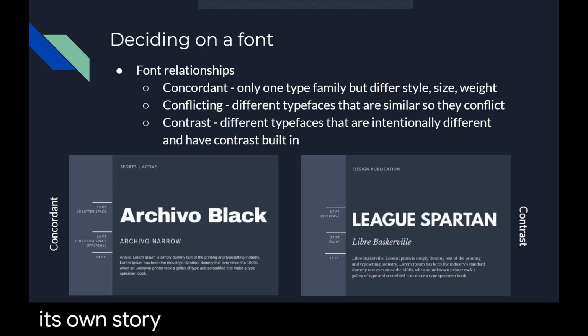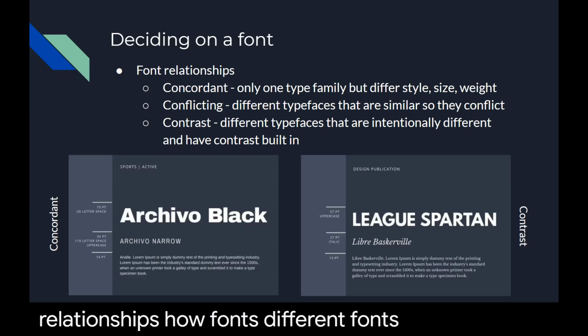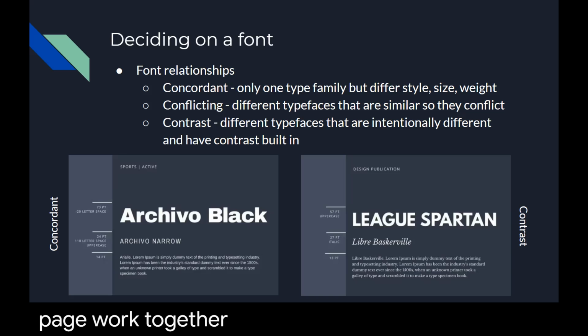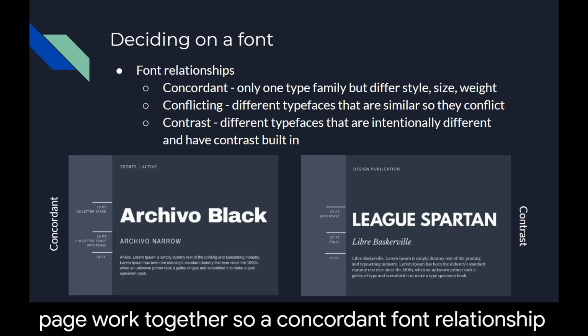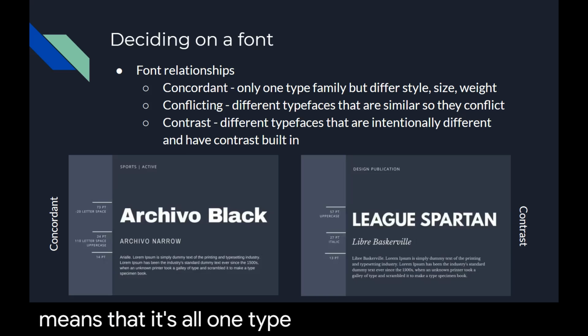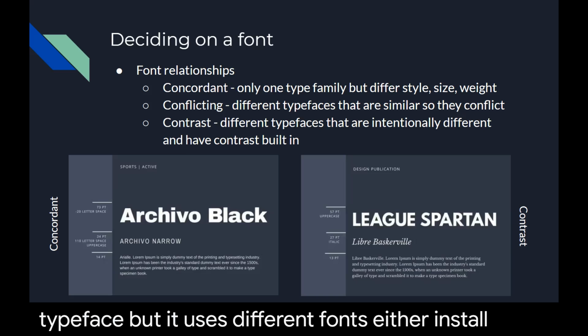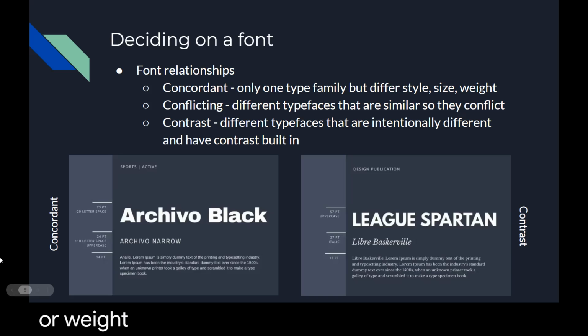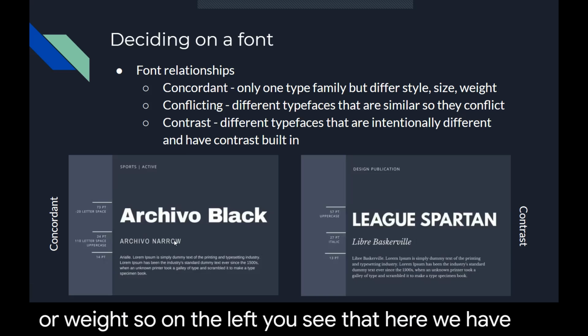We also want to think about font relationships, how different fonts on the same page work together. So a concordant font relationship means that it's all one type family. So it's the same typeface, but it uses different fonts, either in style, size, or weight. So on the left, you see that here we have the same font.